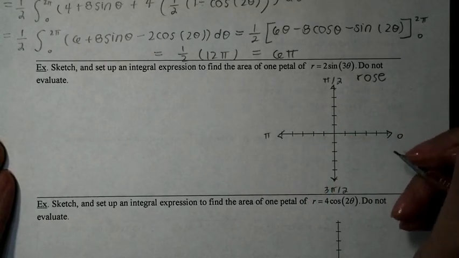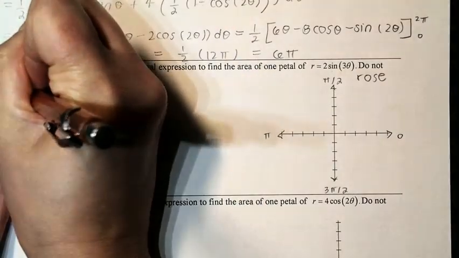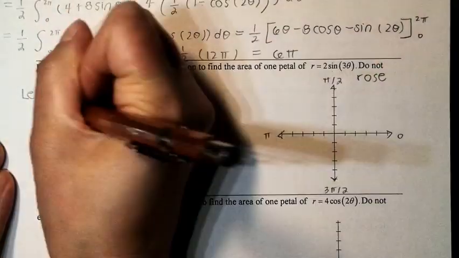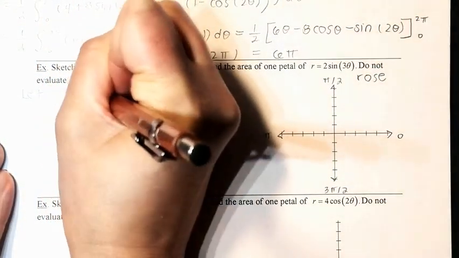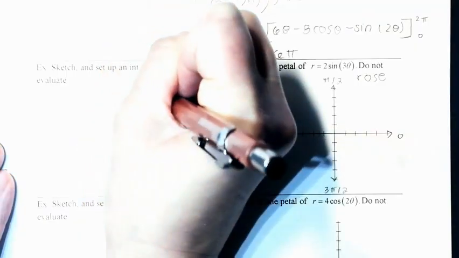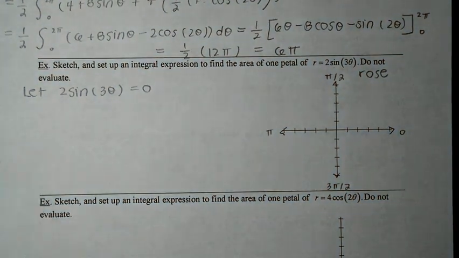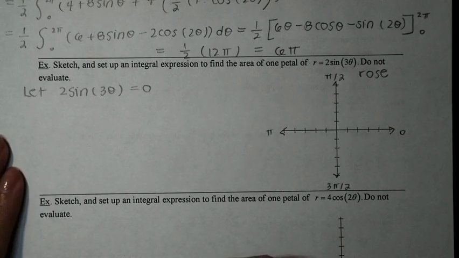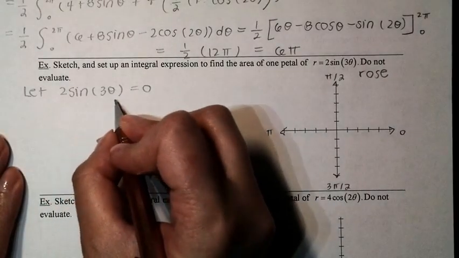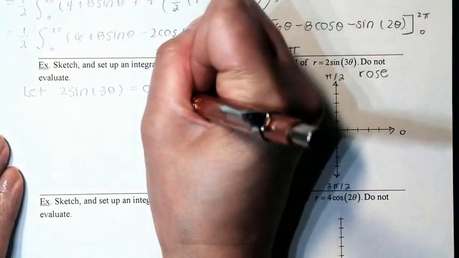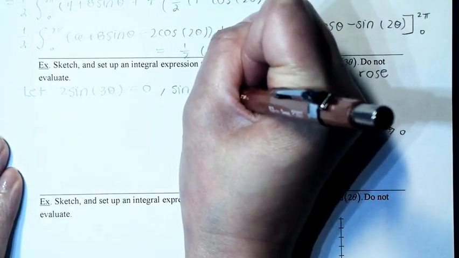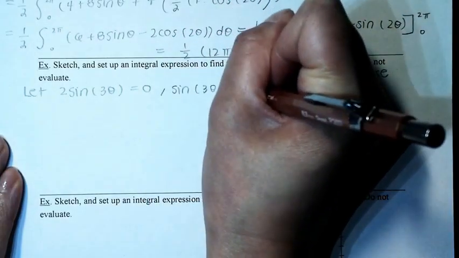So what are you going to do when you have roses? When you have roses, the first thing that I would do is let my r, in this case 2 sine of 3 theta, equal to 0, okay? This will help you to find where is the first petal, because since it's a rose, it's important that you find the petals. So you set this equal to 0, then you clean up that 2, so you have sine of 3 theta is equal to 0.